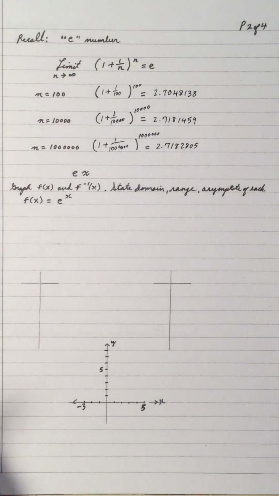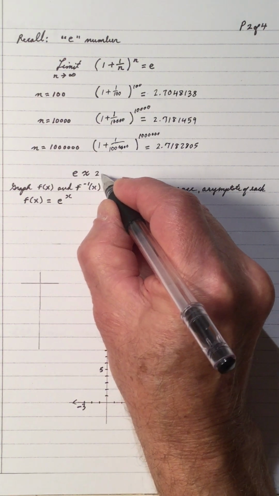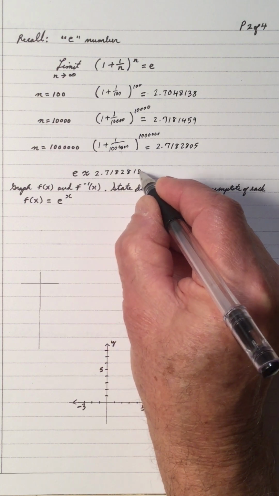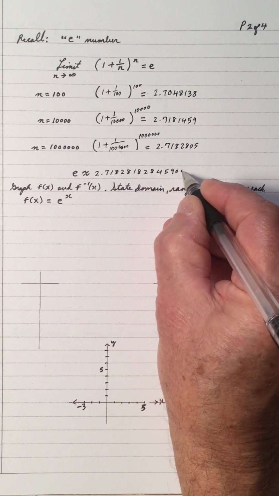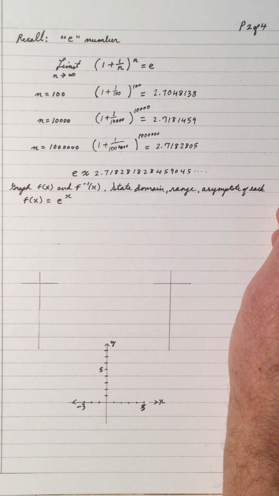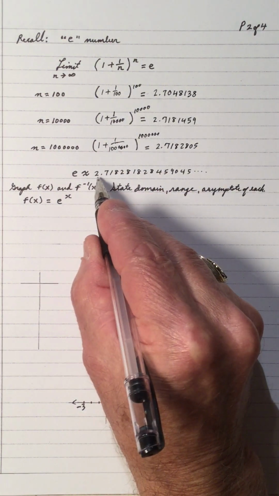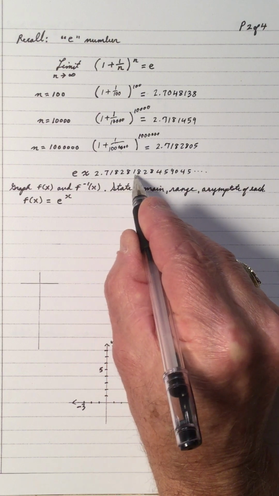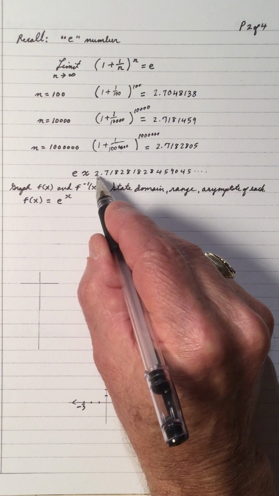If you read the books or an article on this, you get 2.718281828 and 45, 90, 45, and it goes on and on because e is irrational. But the number e, which is represented by this limit, is 2.718281828, and I remember that it's going to be 2.7.